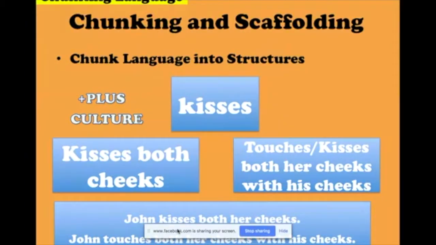Touches or kisses both her cheeks with his cheeks. Again, if I'm doing this in the context of the Spanish-speaking world, touching the cheeks or kissing the cheeks, cultural. John kisses both her cheeks, or John touches both her cheeks with his cheeks. Again, I'm able to even build in culture with my structures, and I do want you to think about that.